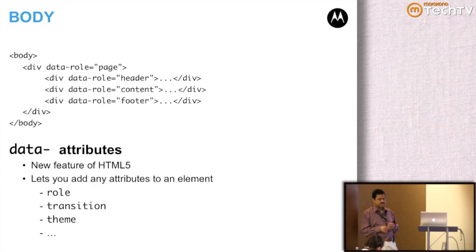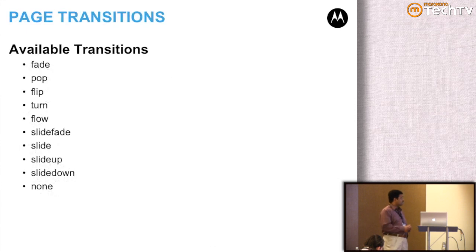All you have to do is declare that it is a data-transition flip and you are done. There are several transitions: fade, pop, flip. You must be familiar with this when you play with your smartphones and tablets. But the point here is if you use this framework, you get all of these built in.